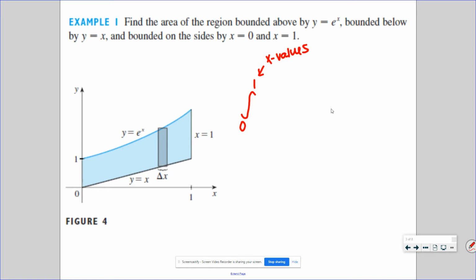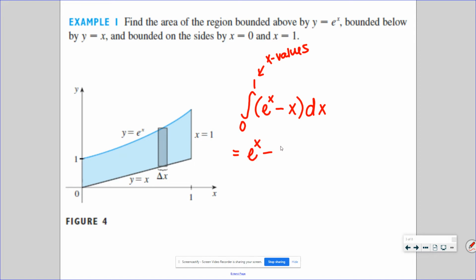And then inside the integral will be the equations, but you have to make sure you do the top curve minus the bottom curve when you are setting this up. So it's going to be e to the x is the top curve minus x. And then dx is just that command to say that we are working with the letter x in our computation. Now you would simply antiderive. The antiderivative of e to the x is e to the x.